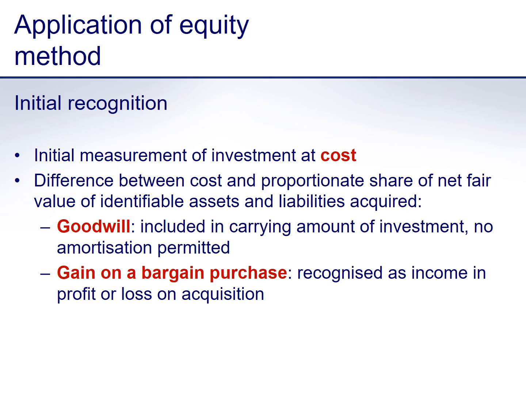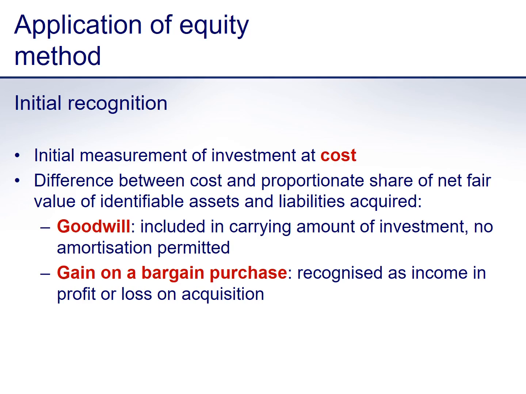If there's any difference between what I paid for the investment and what I've received in the form of value, I will effectively treat it as goodwill or a gain on a bargain purchase, similar to what we do with business combinations. However, unlike business combinations for acquiring a subsidiary or control of a business, I won't recognize a separate goodwill amount on my balance sheet. With business combinations under IFRS 3, goodwill is recognized as a separate asset. In this instance, the goodwill is understood to form part of the investment in associate or joint venture.